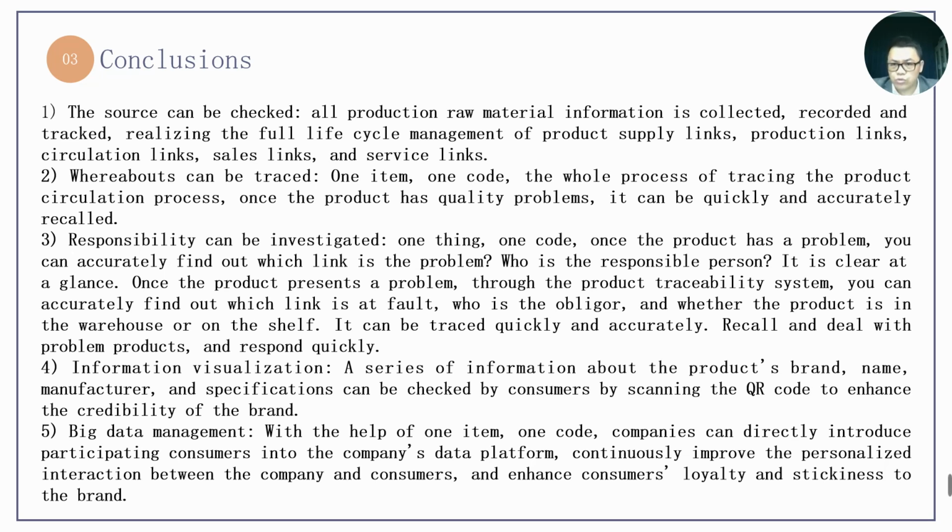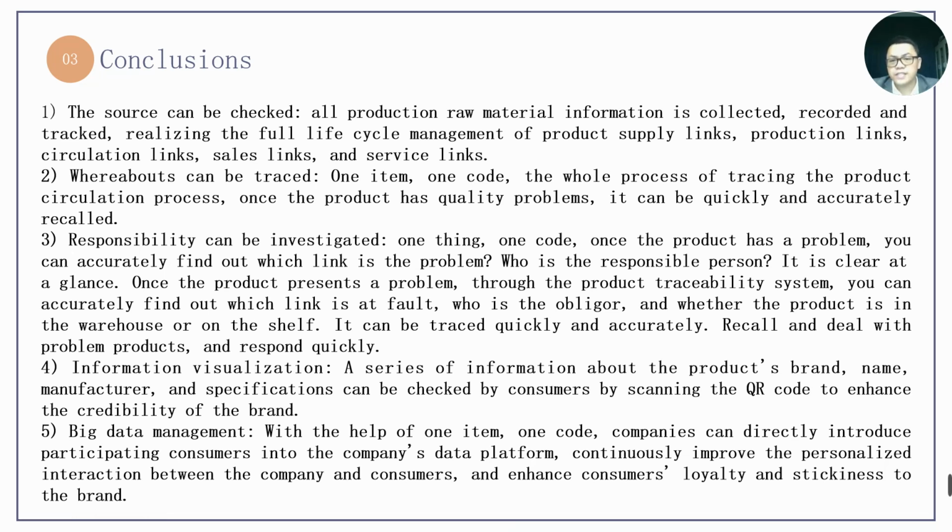Whereabouts can be traced. One item, one code. The whole process of tracking the product circulation. Once the product has quality problems, it can be quickly and accurately recorded.